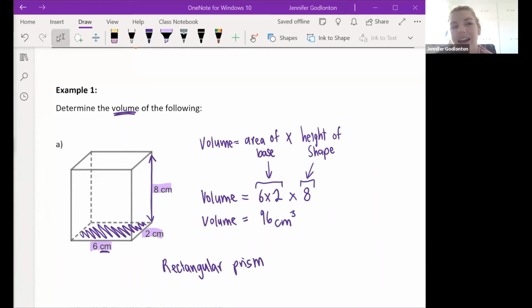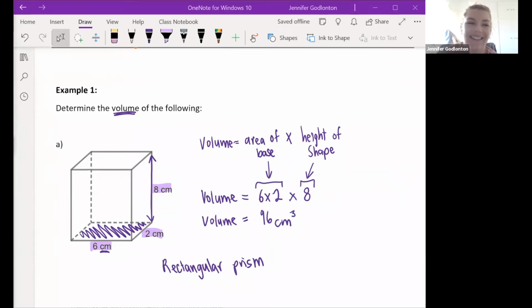What's your question? How can I help? Ma'am, for this question, are they going to give us a clue? Like here you said volume equals area of base times height of shape. Are they going to give us that formula? No, you need to know those.